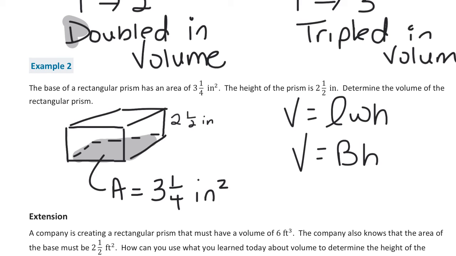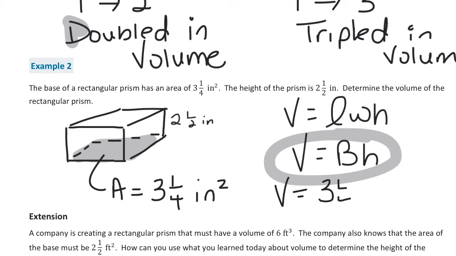Because we don't know the length and the width, we need to choose this formula. So we plug into that formula, volume equals the area of the base, 3 1/4, times the height, 2 1/2, and when we multiply those together, all right, so grab your calculators.